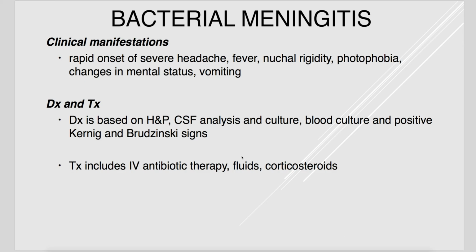Diagnosis, history and exam, CSF analysis, so you always do a spinal tap if you suspect meningitis, and you'll do a culture of blood to see if there's any sepsis, and then positive Kernig's or Brudzinski sign, which I'll show in the next couple slides. So treatment, IV antibiotic therapy, typically starts out very broad spectrum, and then you narrow that down as you get your cultures back, and fluids, corticosteroids to reduce inflammation of the brain space.